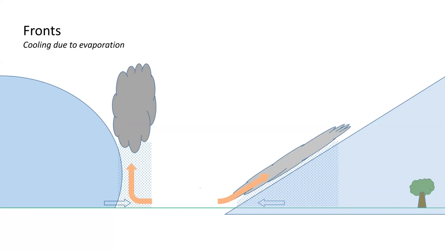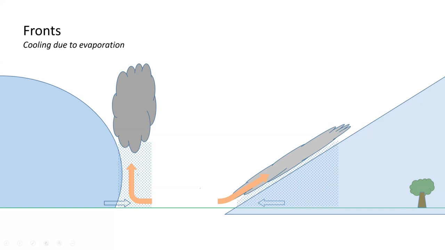If you notice here, when you have rain falling on the warm front, that's falling through already cold air. But here, there's a big difference. This rain is falling through already warm air.